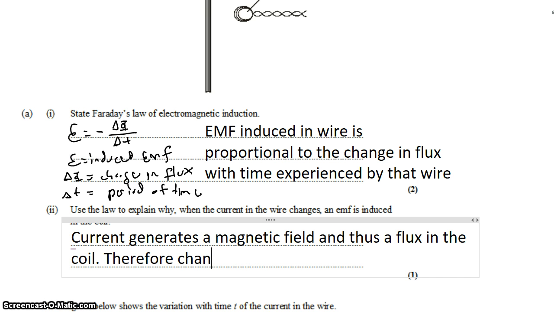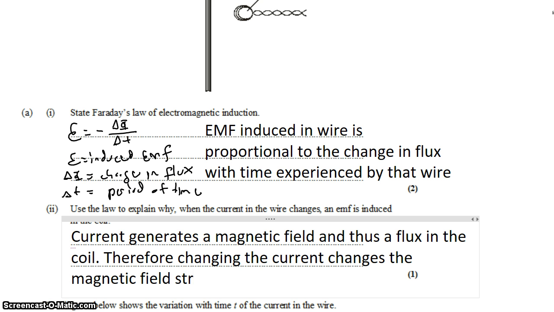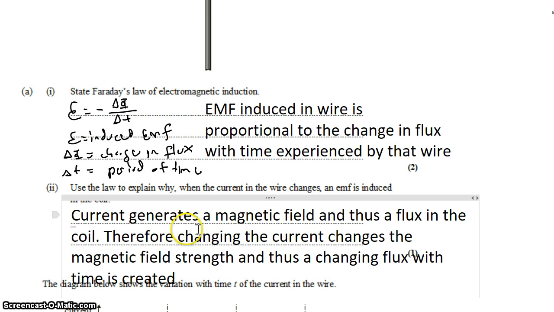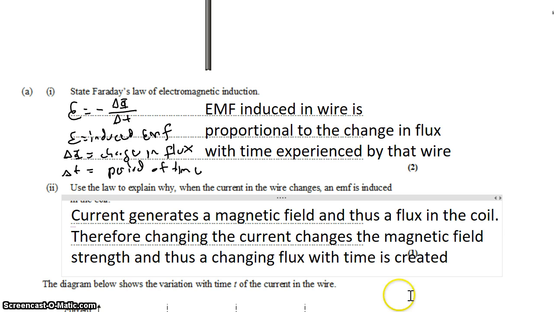Therefore changing the current changes the magnetic field strength, and thus a changing flux with time is created, producing an EMF. That sounds pretty good.